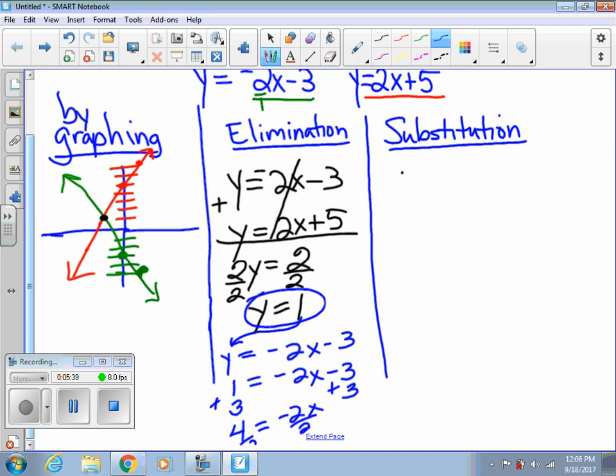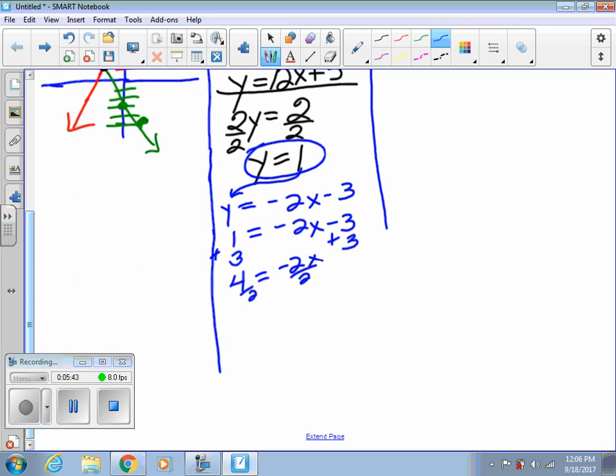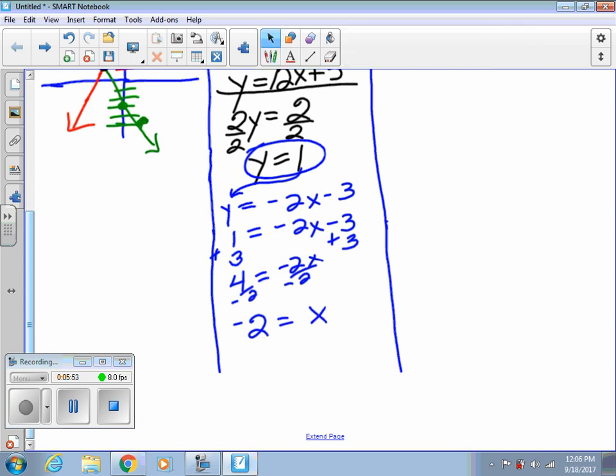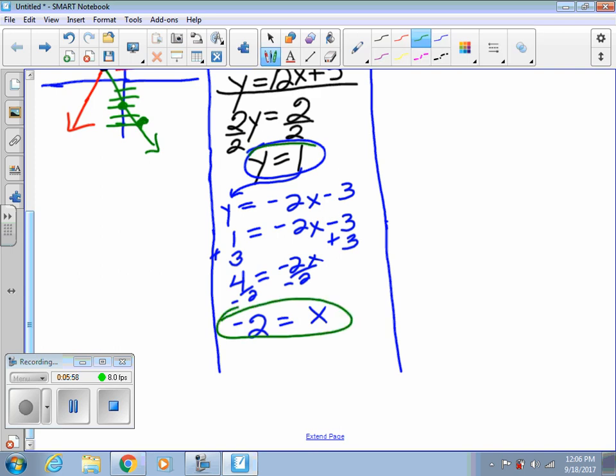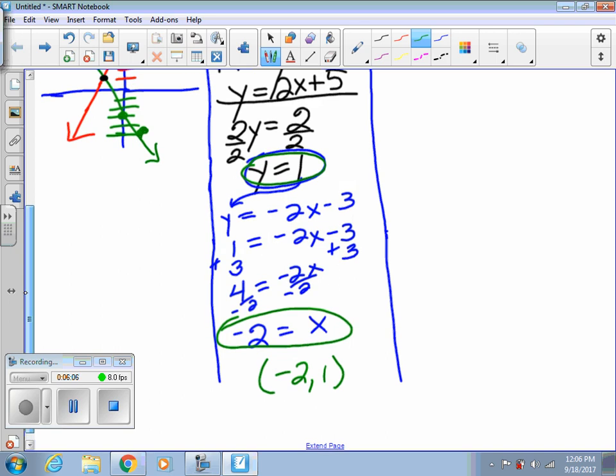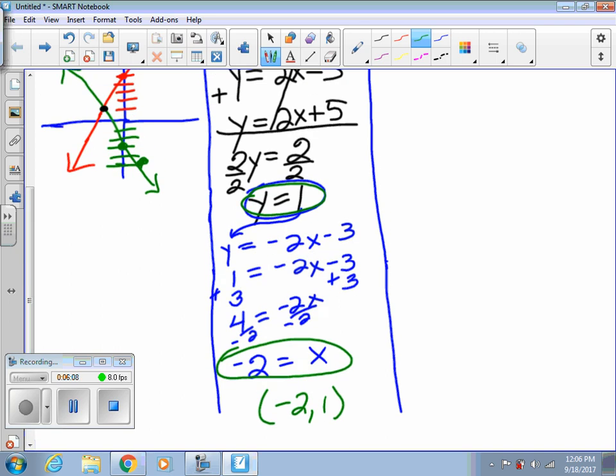Divide by 2, and I get negative 2 equals x. So if x equals negative 2 and y equals 1, my solution is negative 2, 1. If we go back to the original graph, we can see that the negative 2 and the 1 are exactly where the graph met.